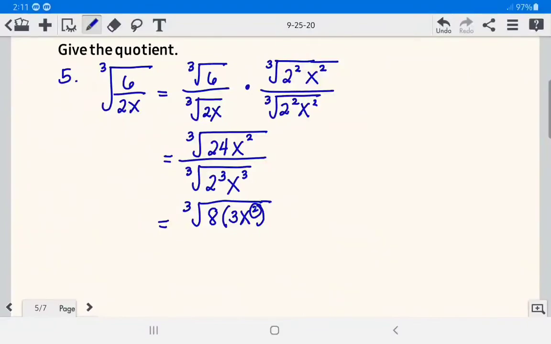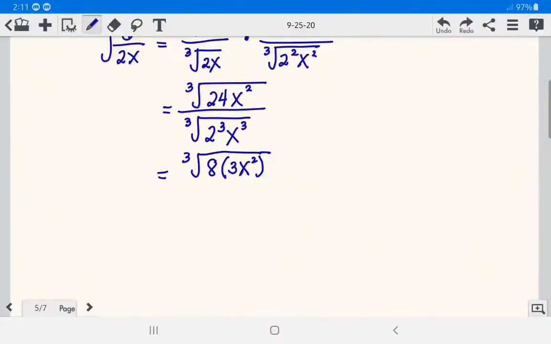Notice that the exponent of x is less than the index 3, so it should be written here in the non-perfect cube factor. Then over, let us simplify the denominator, the cube root of 2 cubed. So this is 2. Then the cube root of x cubed, we have x.